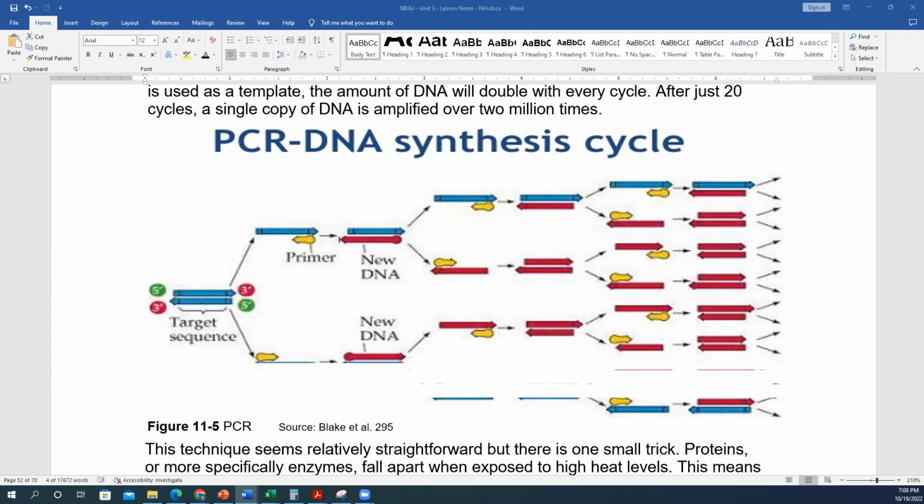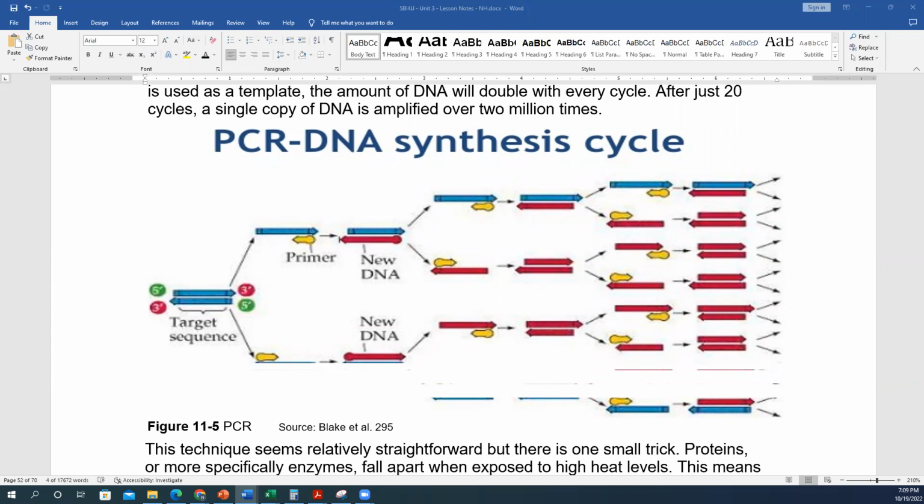So, instead of using helicase and gyrase, and those single-stranded binding proteins, which were all factors that were also present in the cell during DNA replication, heat is used in order to separate the double-stranded DNA to make single strands. The temperature that is used is 95 degrees. At 95 degrees, the DNA double strands will denature and separate.